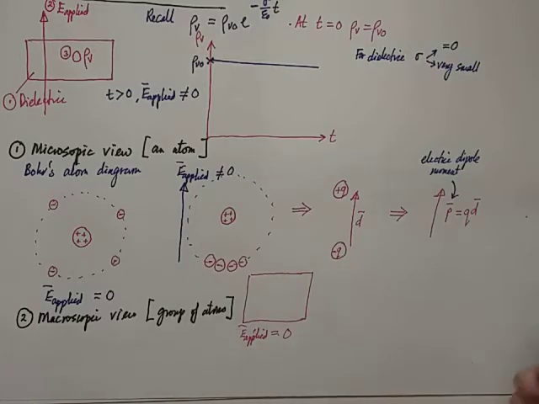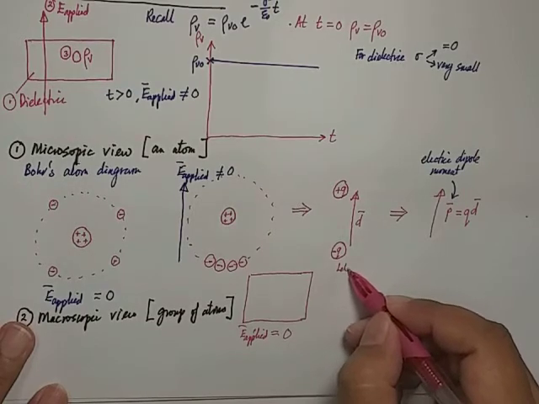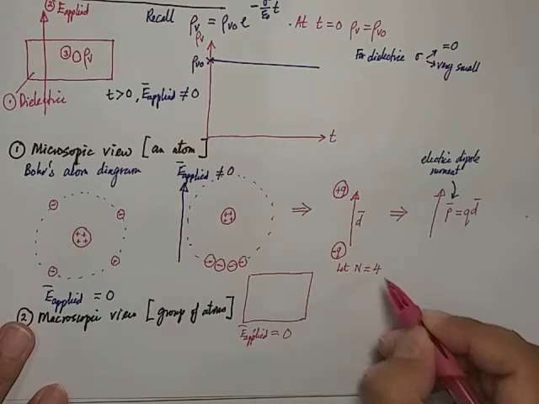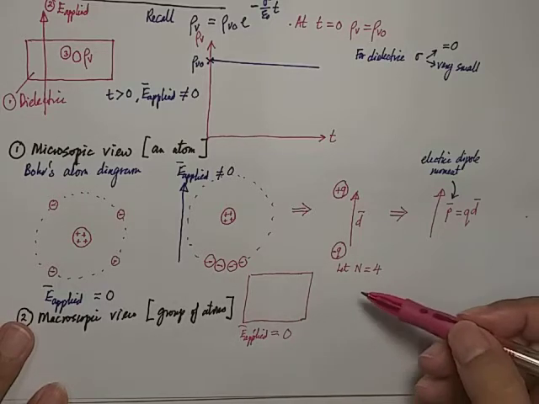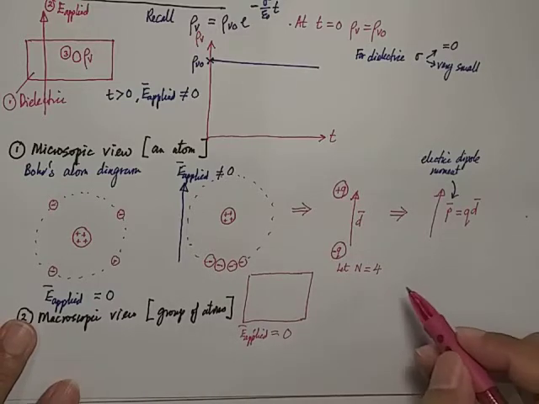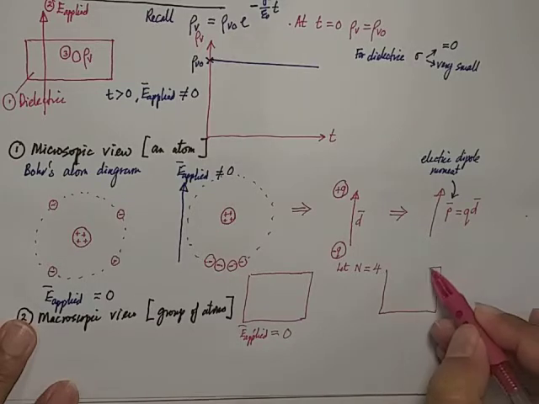For this discussion, let the number of atoms in our model, n, be equal to 4. Actually, there are millions of atoms, but for the sake of discussion and to make our diagram easier to understand, let's say the number of atoms is equal to 4. And then we have the same dielectric material structure.